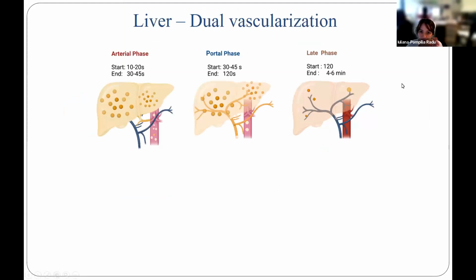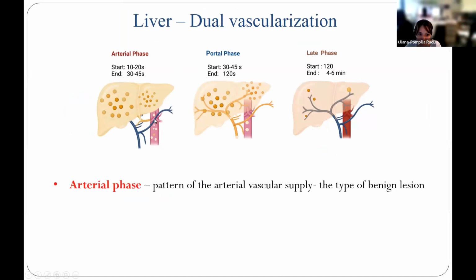Liver, you know, has a dual vascularization. This is a very important point because due to dual vascularization, we will have 3 phases of the contrast. The arterial phase, where the contrast comes via the hepatic artery, and will give us information about the pattern of the arterial vascularization. And this helps us to differentiate the benign lesions.